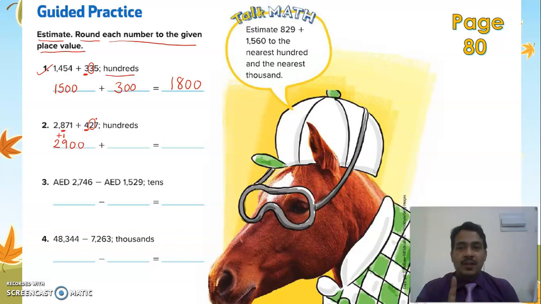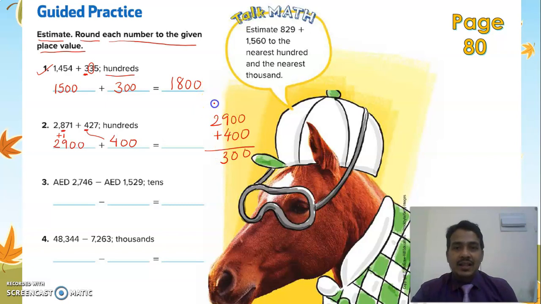So we don't do +1, we write the same rounding number: 4, 0, 0. When you add them, you get 2,900 plus 400. 0 plus 0, 0; 0 plus 0, 0; 9 plus 4, 13, carry 1; 1 plus 3 is 4. Wait, it comes to 3,300.